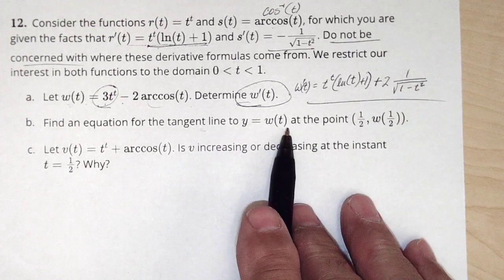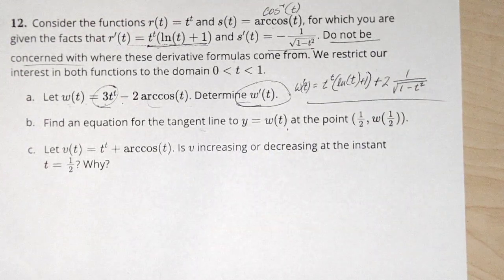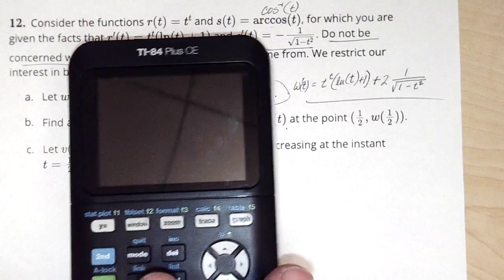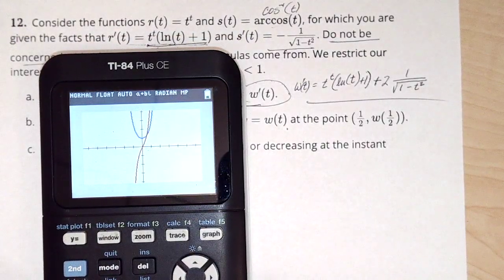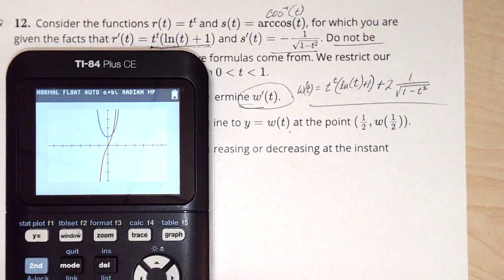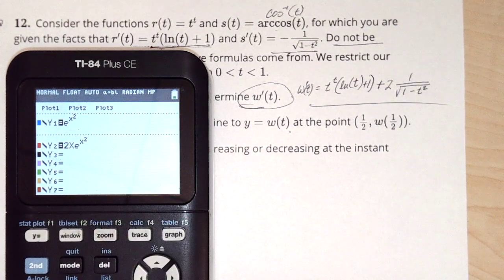Now, if we have to find the equation of the tangent line, we're going to have to figure out what the slope is at 1/2 to be able to do that. So pull out the calculator, and I'm going to type that equation in. So that's x to the x, parenthesis ln x plus 1, close parenthesis.